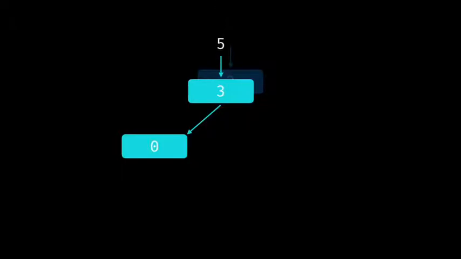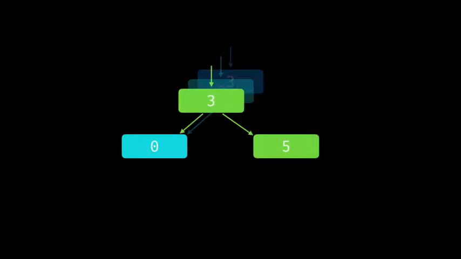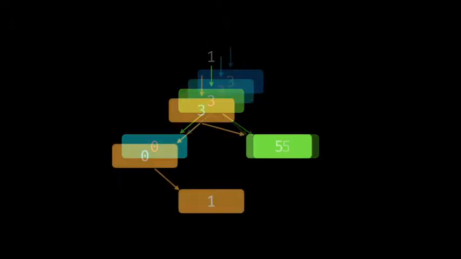If you then insert 5, you again copy the root node, but you share the 0. Insert 1, you copy the root node, copy the 0, insert the 1, but share the 5. So far, the sharing doesn't look too good, but the bigger a tree gets, you see that you're sharing basically the entire tree minus the path to the leaf you're inserting to.